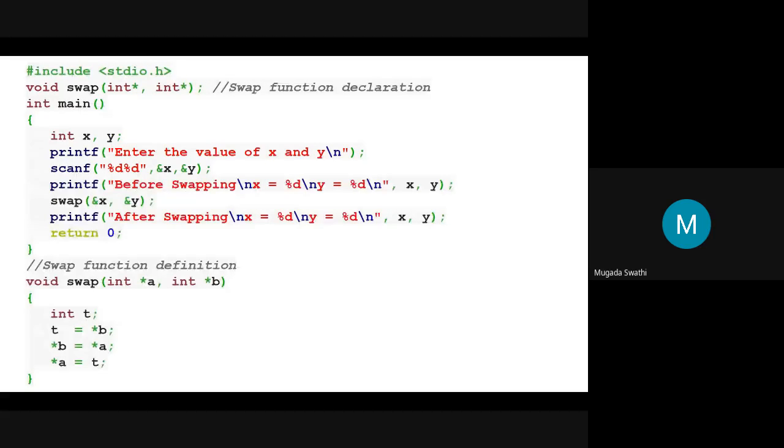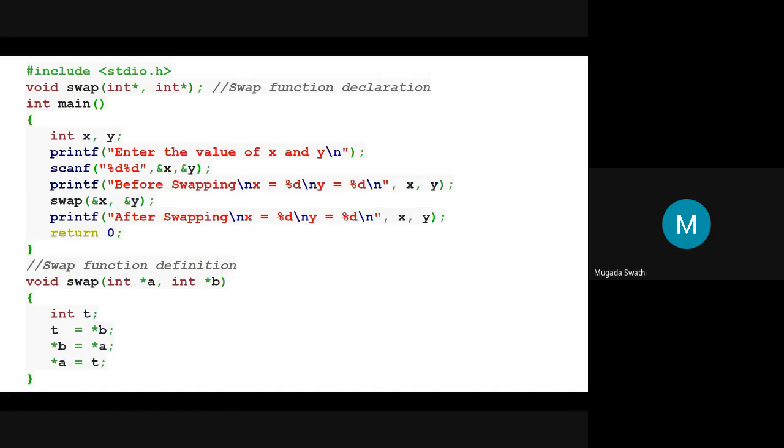This is an example of how a swap function is written. We have taken an example to swap two numbers using pointers. Here, in the swap function, the main swap logic is written. This swap function or function definition of swap will expect the address of the variables as parameters.